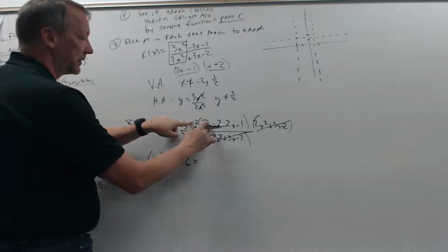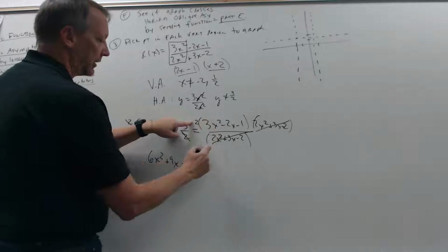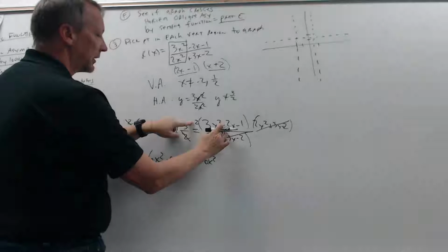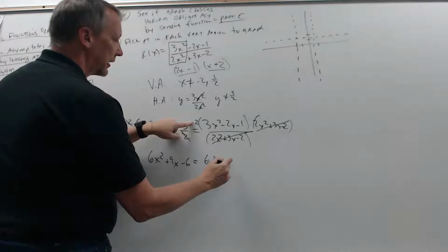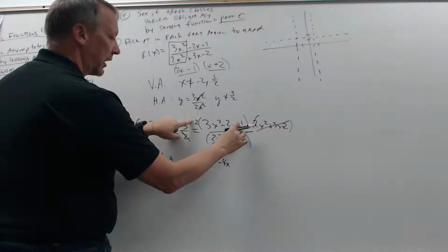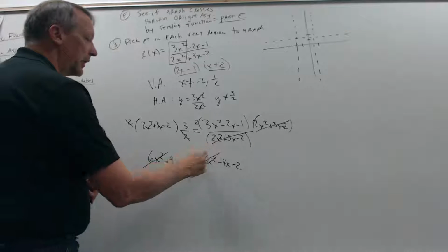Wait, no, that's 3. 6x squared, negative 6x... or, 4x. Yeah, 4x. And then minus 2. Okay? The 6x squareds cancel each other, right?